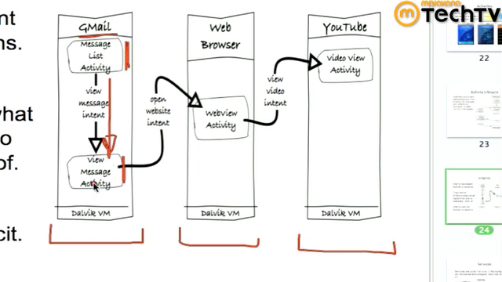Now I see in the message you said, oh, check out this great link, right? So I click on the link, generating another intent, which now pops up a web browser, a totally different application, in a totally different memory space, right? Within that new application, we open up a new activity called view of web page activity, right? So now I flip-flop to a third screen where I'm viewing that web page, right?